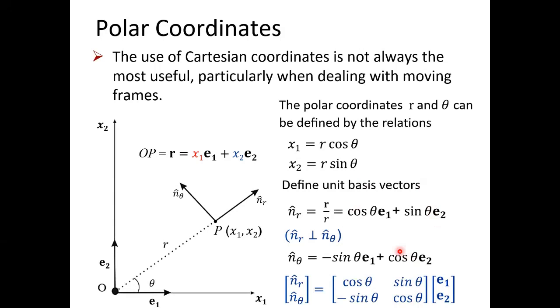And these vectors, as I just mentioned, can be represented using matrices. So this is read as n hat r equals cos theta e1 plus sin theta e2, and n hat theta equals minus sin theta e1 plus cos theta e2.